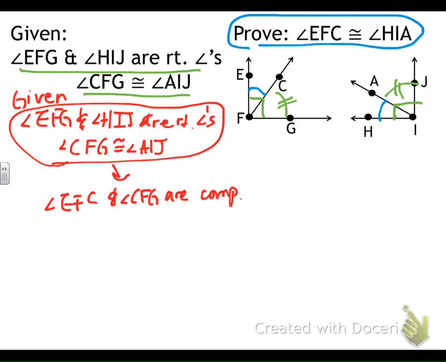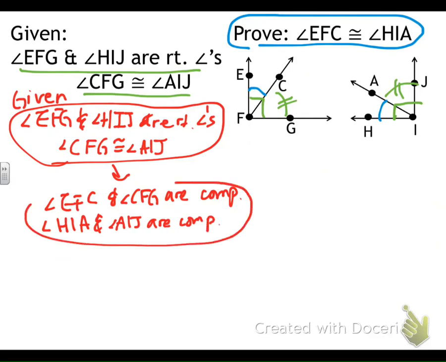We can also say that these two are complements as well, HIA and angle AIJ are complements as well, because that's going to come from the definition of complementary angles. Actually, sorry, definition of right angles. Because things add up to 90 degrees, and if things add up to 90 degrees, you've got complementary angles.